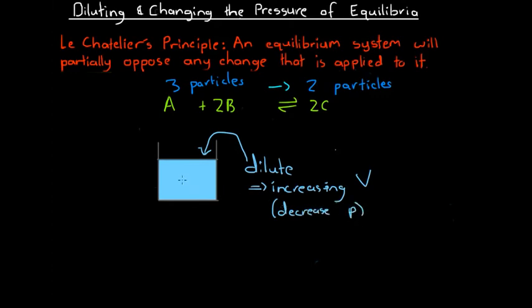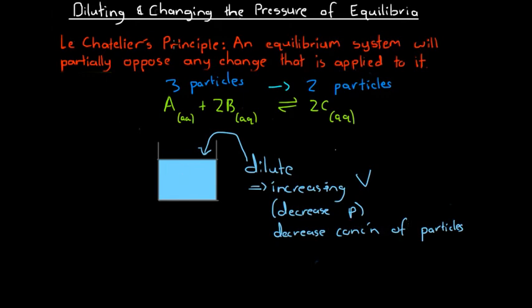However, here we're not dealing with a gas, we're dealing with a solution. So rather than a decrease in pressure, we're dealing with a decrease in the concentration of all our particles. Not just the concentration of any one substance, just the general concentration of particles of A, B, or C in this mixture. Keep in mind these are all aqueous now. So we've seen a general decrease in the concentration of particles in our solution.